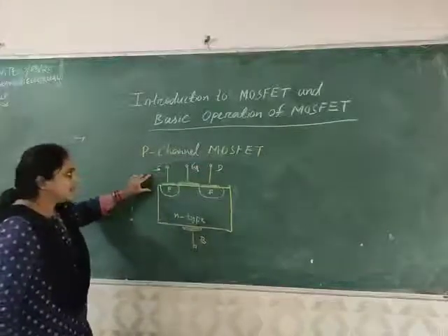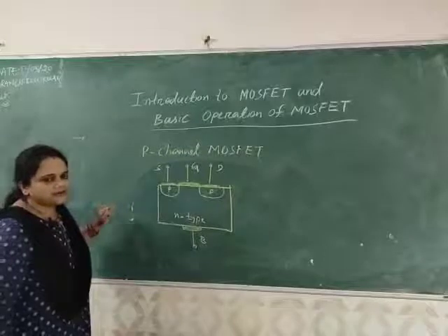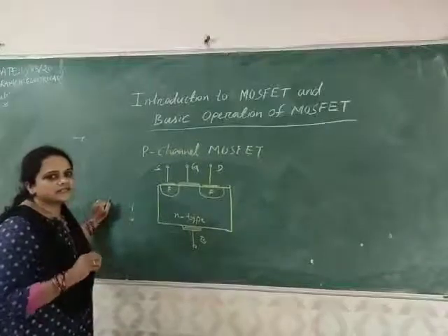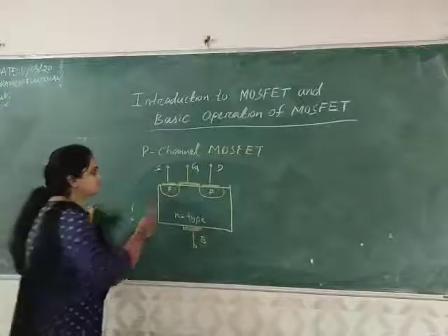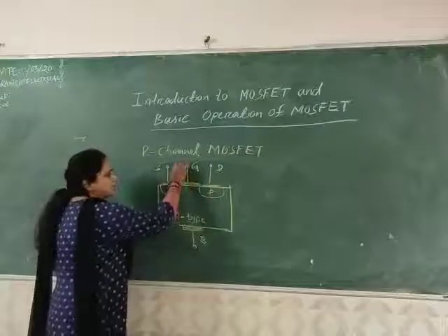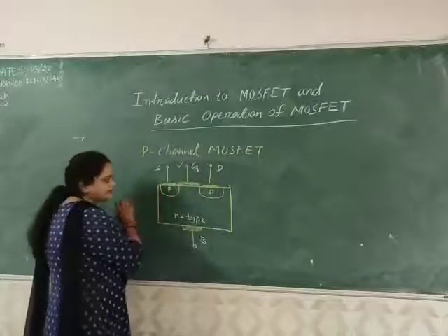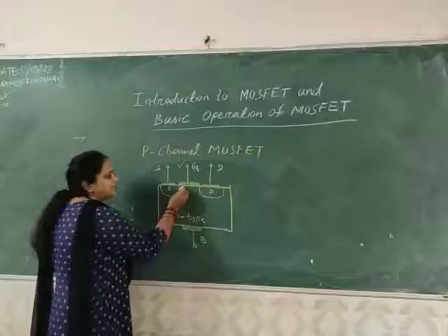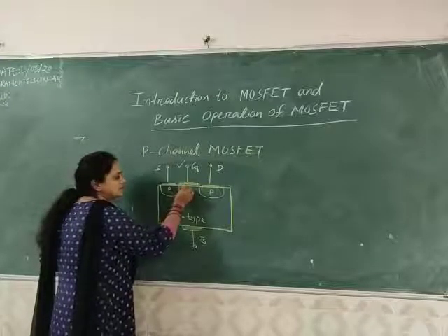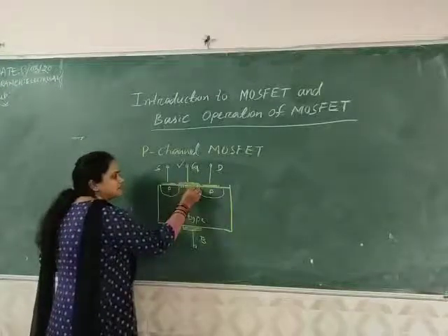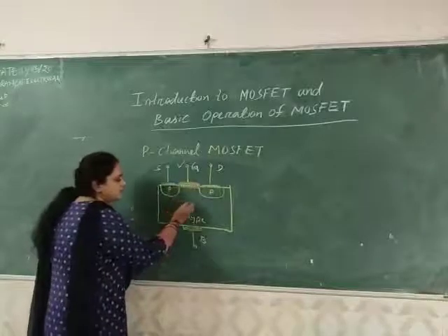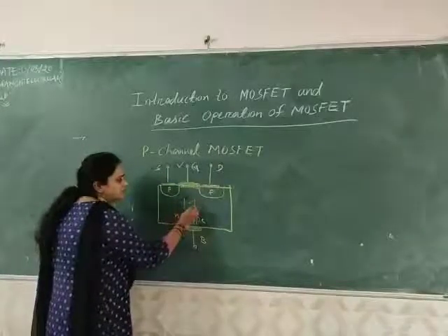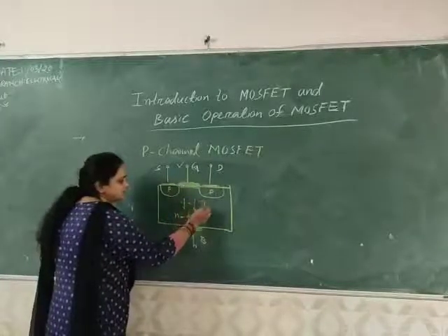So as this is a P channel MOSFET, here the threshold voltage is negative. So when we apply negative voltage at the gate terminal, then it attracts the holes near the surface and pushes the electrons into the substrate.